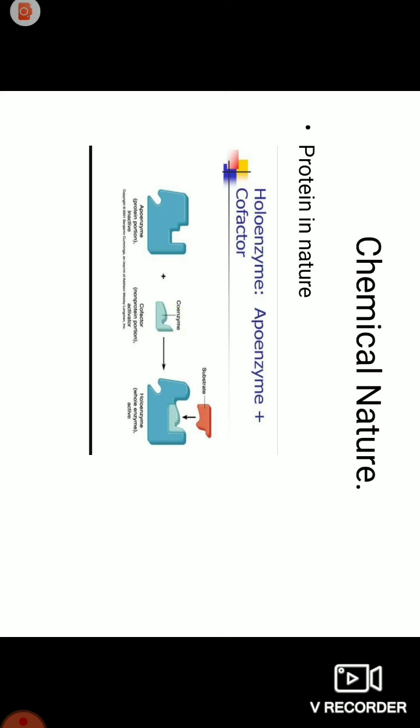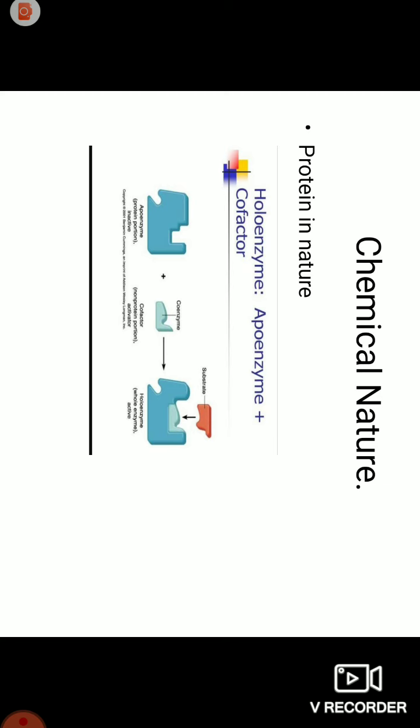The cofactor can either be an organic one or an inorganic one, and mostly of course apoenzyme is proteinaceous in nature. So the cofactor can either be organic or inorganic. If it is organic, that means if the cofactor is an organic molecule, we call those cofactors coenzymes.